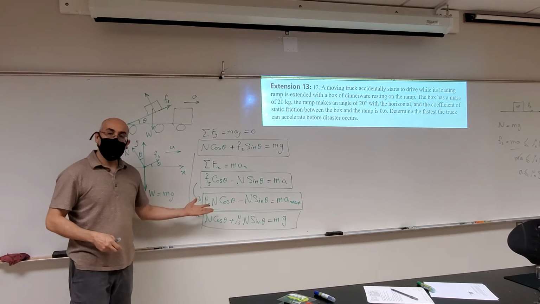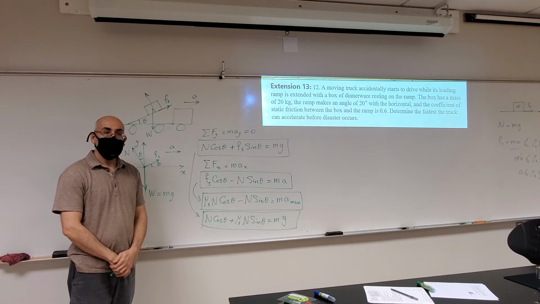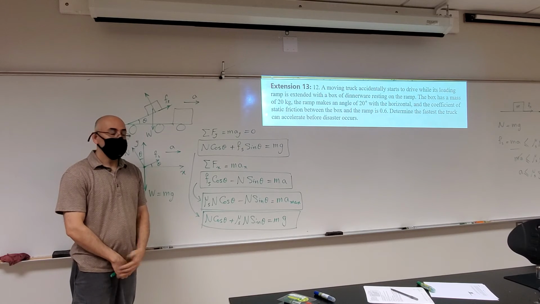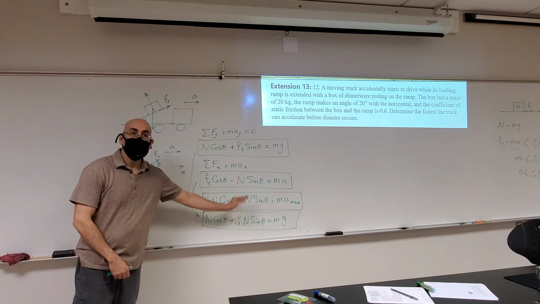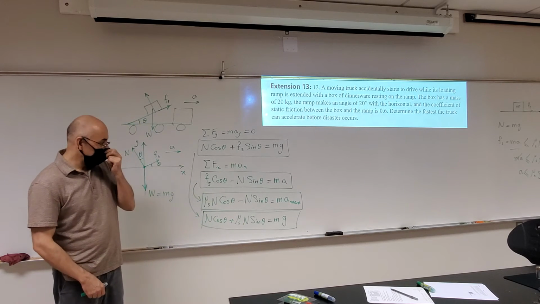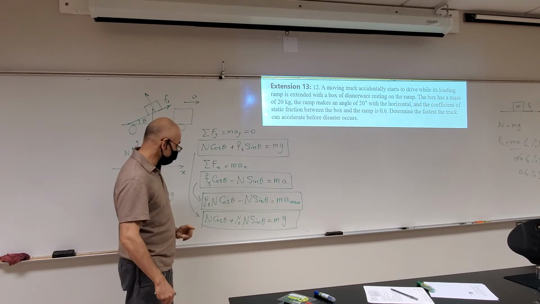So how do we get rid of N to find a max? Divide them, yes. All of these terms have N, so if you divide them, you get a max, and m also cancels.